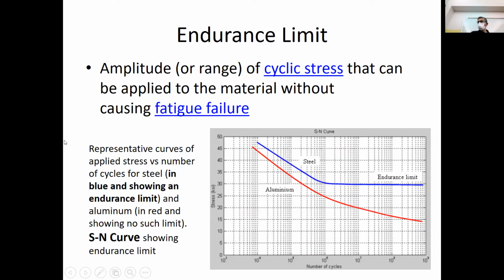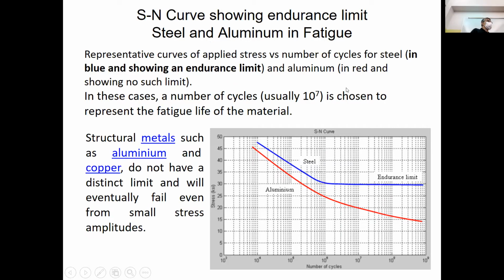For non-ferrous material, as shown here with the red curve, we do not have a distinct knee, and the curve never flattens. So we don't really have a well-defined endurance limit. Because of that, if I find the strength at 10 million cycles, we can consider that as an endurance limit for non-ferrous materials.